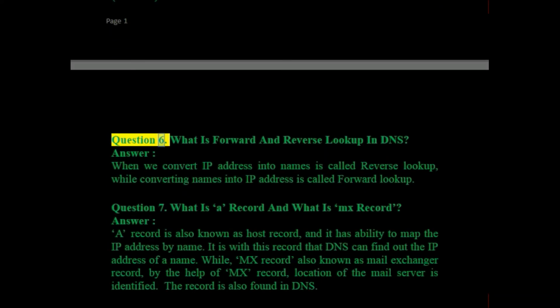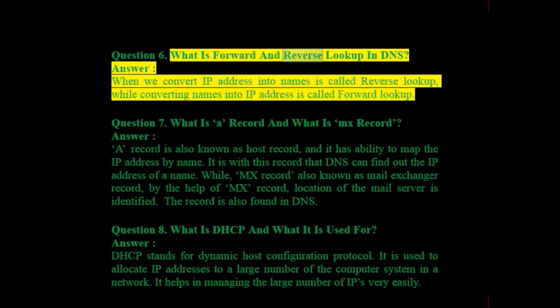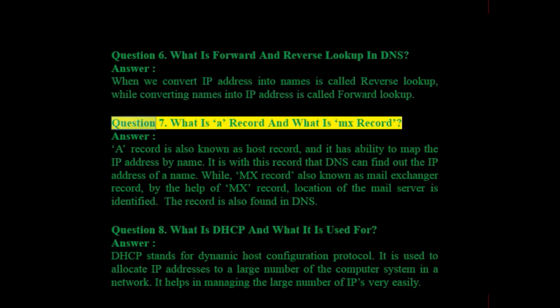Question 6. What is forward and reverse lookup in DNS? Answer: When we convert an IP address into a name, it is called reverse lookup, while converting a name into an IP address is called forward lookup. Question 7. What is A record and what is MX record?